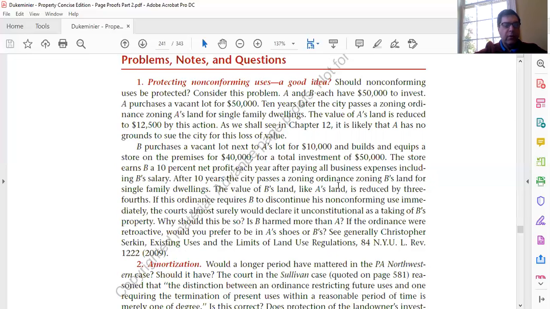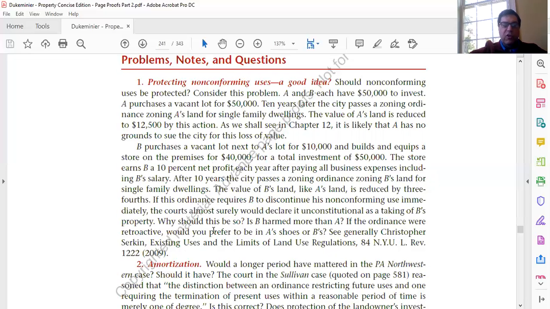The authors speculate that maybe one advantage of protecting the non-conforming use in the second hypothetical is that it gives people more incentives to invest in productive uses of the property. Investments in property development would be less likely if there was a risk that the city could just come in and rezone and make you stop the business that you are investing in.